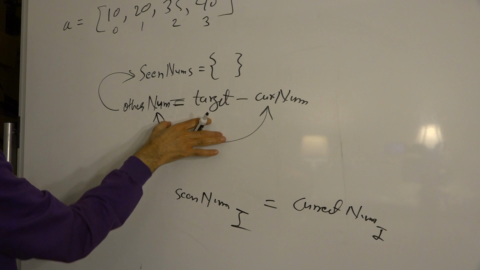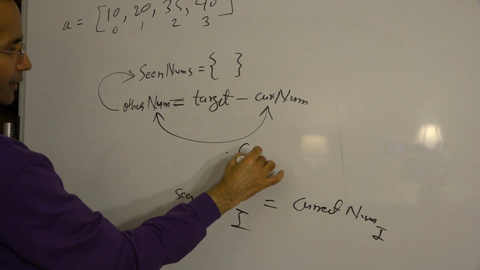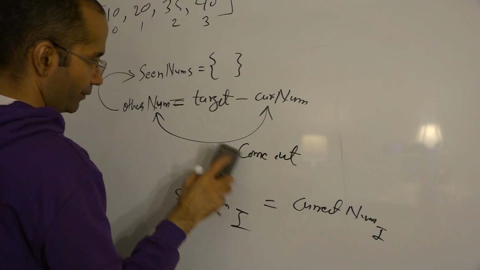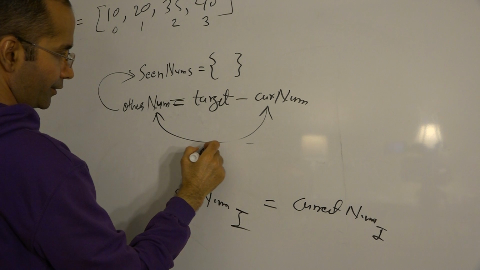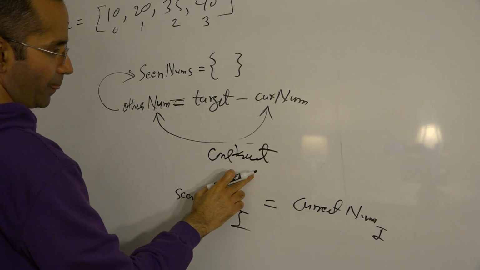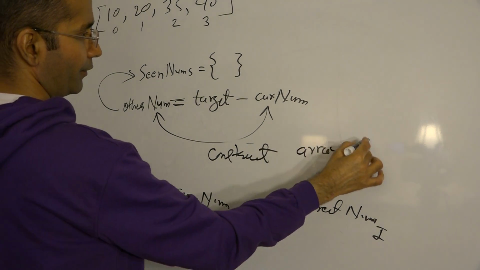If this thing is satisfied, that means we found a match, and we'll have to construct the array of indices.